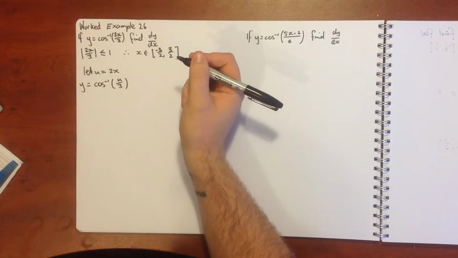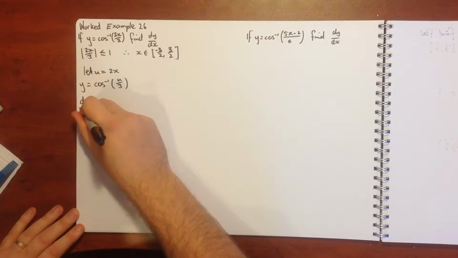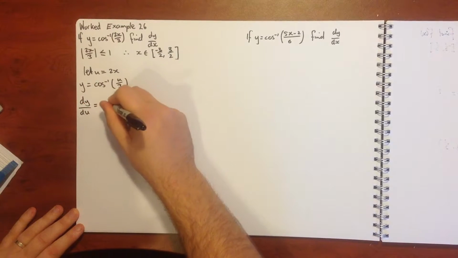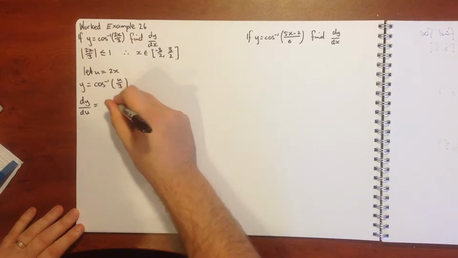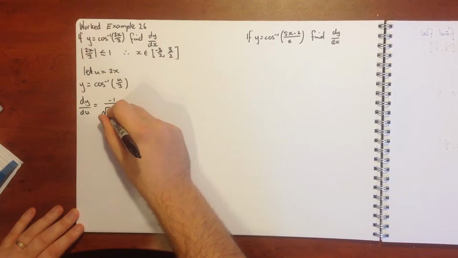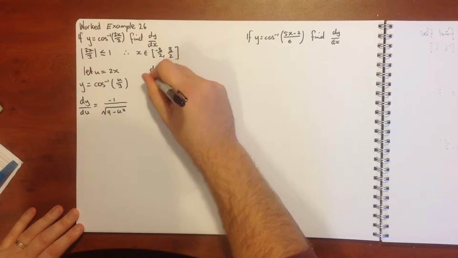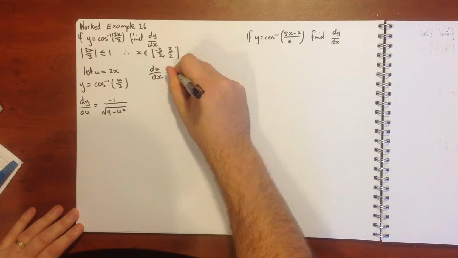So that's fine, we don't have any issues there. When we do our dy/du, we can do that easily. It's minus 1 over the square root of this value squared, so 3 squared, which is 9, minus u squared. We know du/dx is equal to 2.